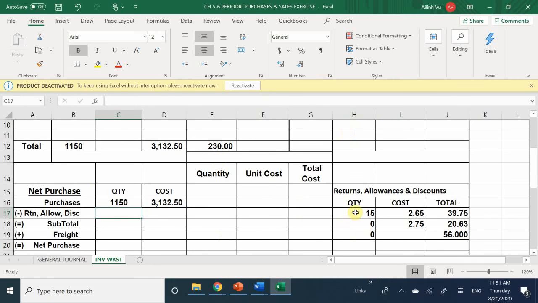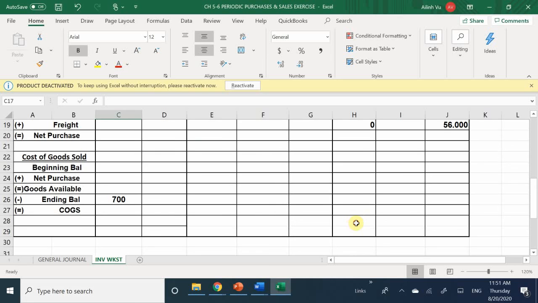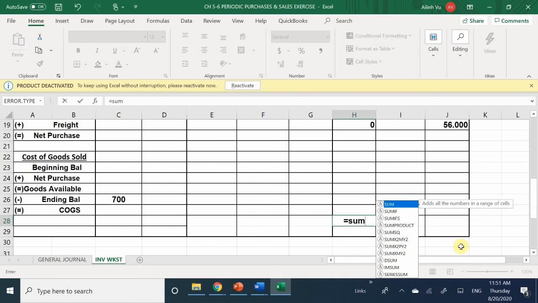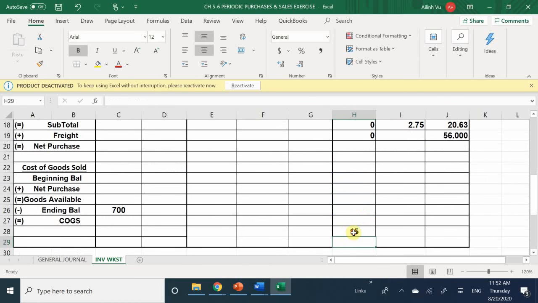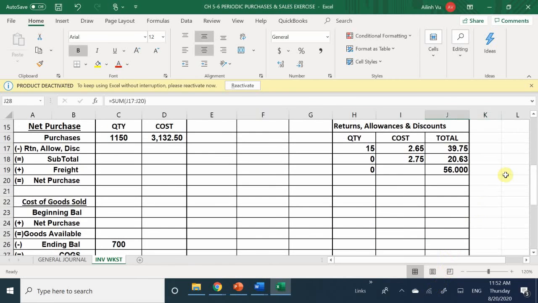And yes, we did. So we're going to go ahead and calculate the totals of my purchase returns and allowances. Okay, and what do I get for my total purchase returns and allowances as well as discounts?